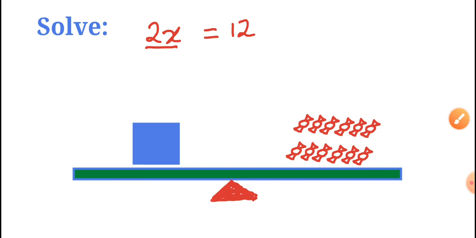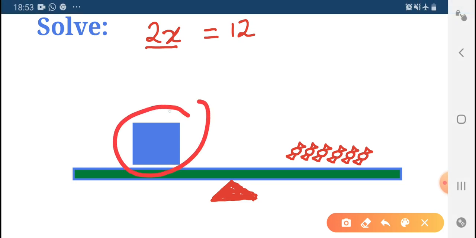So I'm going to go half of that, and I'm going to get rid of half of that. So because I've halved both sides, or I've divided both sides by 2, I can now easily see that in one box the unknown quantity is equal to 1, 2, 3, 4, 5, 6. So x is equal to 6.